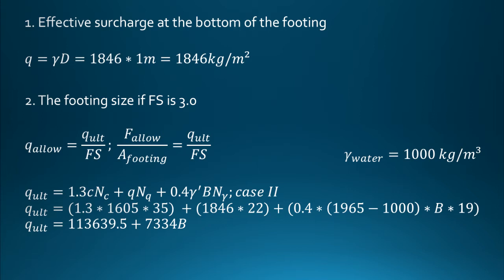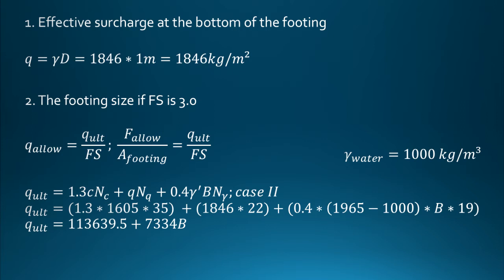Okay, bagong lahat. Alam natin na ang Q allowable is equal to the ultimate Q over the factor of safety. At alam din natin na para makuha ang ating Q allowable, same din yan kung meron kang initial force. Tama? So, if force over area is still Q, we could say that F allowable or the allowable load over the area of the footing is also equal to the Q ultimate over the factor of safety.